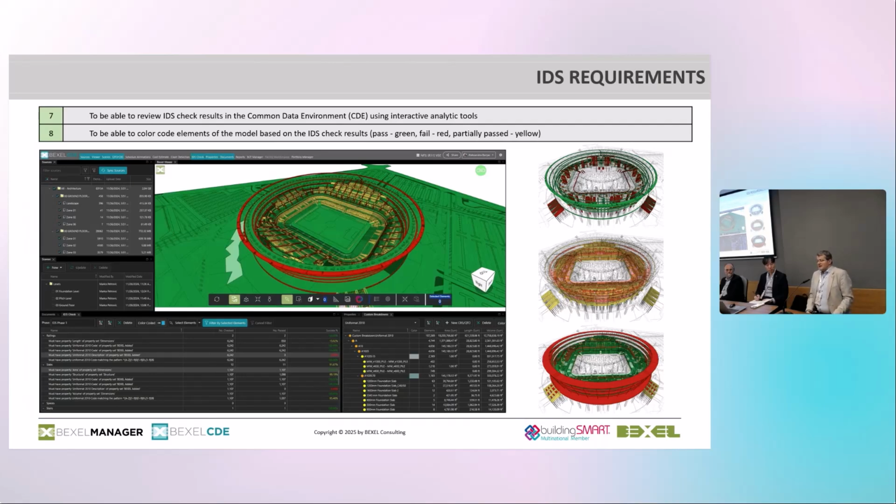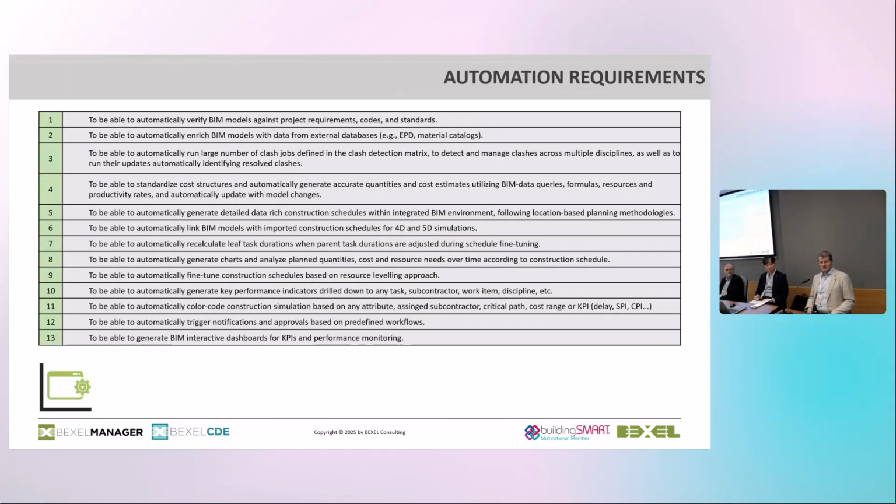So I can put in a query: show me only the checks for the elements which are more expensive than €5. I really don't want to add 200 properties to every small wall. I want to add it on a big chiller or something else. So you can combine, or I just want to send information to a subcontractor or to a designer immediately. If I have this information, I can send this data.